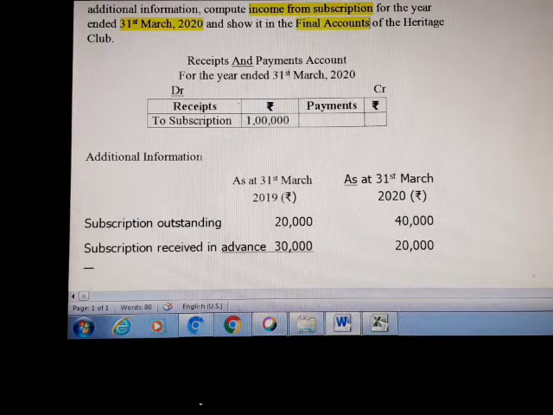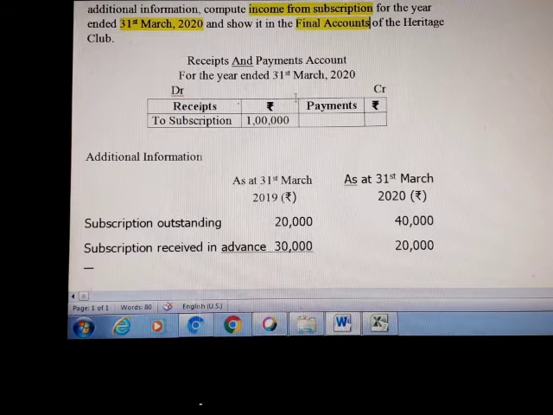We call this an extract. An extracted receipts and payment account or an extracted balance sheet won't be tallied. It won't agree.